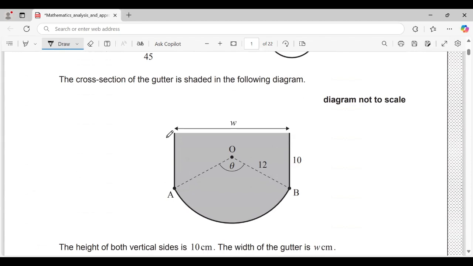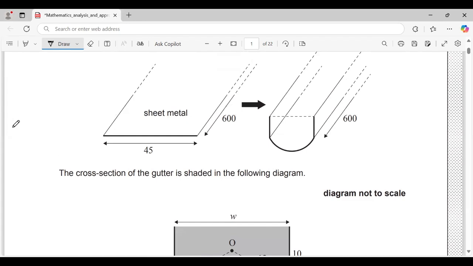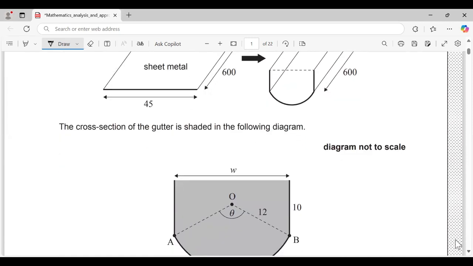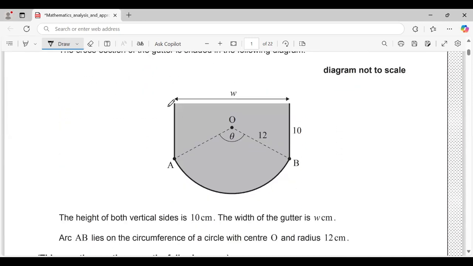According to the information, this is 45 centimeters. So if this is 45, it means this is 10. If this is 10, it is 10. 45 minus 10 minus 10. So AB, the arc AB, equals 25.